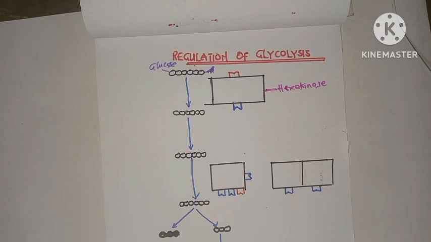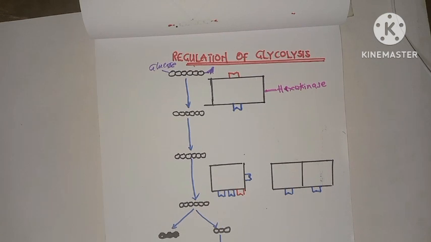And when we talk of regulation, we have two types of regulation: the allosteric and then the hormonal. An enzyme has a three-dimensional shape. It has an active site and then an allosteric site.